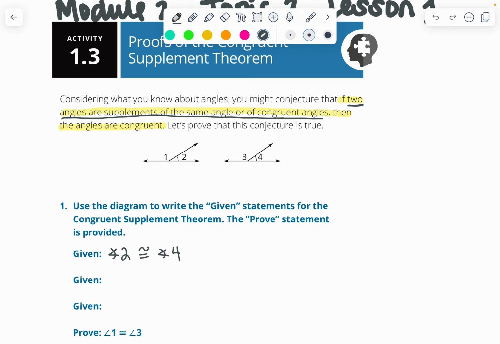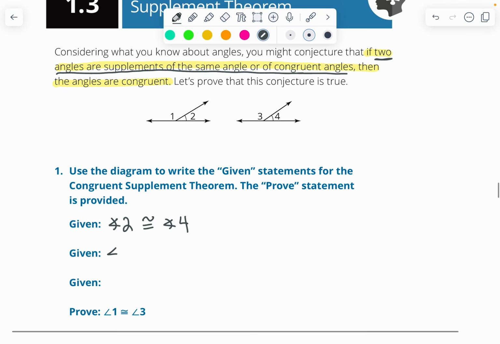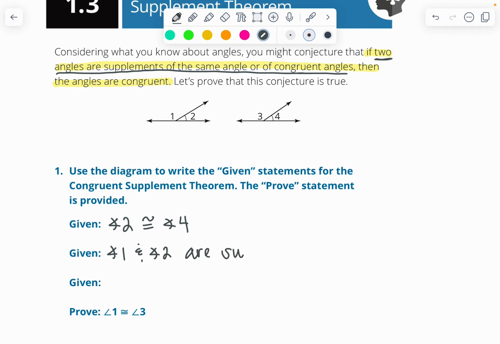And then supplements: we can see that angle 1 and angle 2 are supplementary, and we can also see that angle 3 and angle 4 are supplementary.